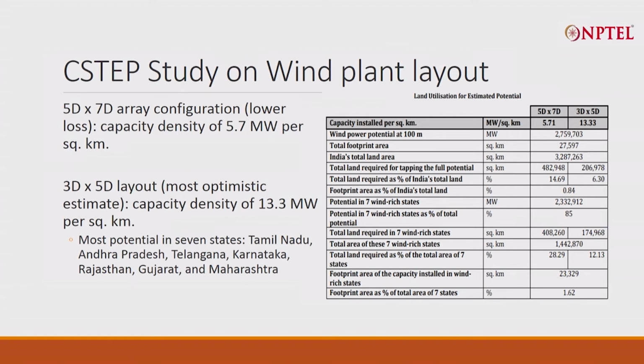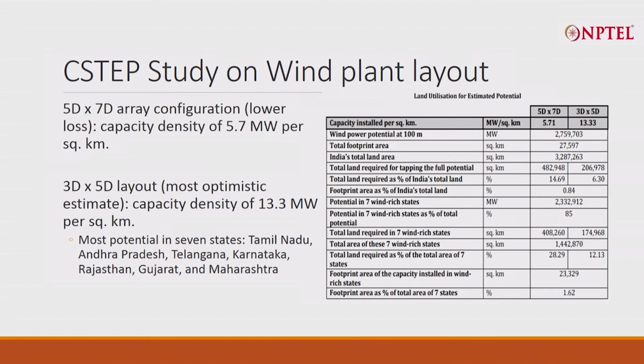And what we have found, the 3D, 5D layout, most optimistic estimate produces 13.3, and if you look at the wind speed, power can be gainfully produced in Tamil Nadu, Andhra Pradesh, Telangana, Karnataka, Rajasthan, Gujarat and Maharashtra. Mostly most of them are coastal, or of course, Karnataka is not exactly coastal and Rajasthan is not coastal, but not too far away from the coast, and Maharashtra.